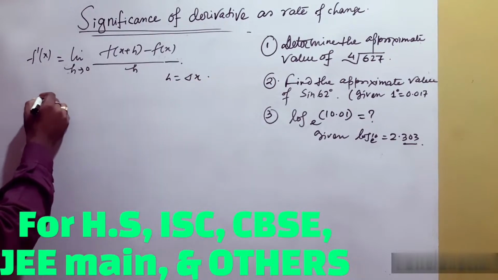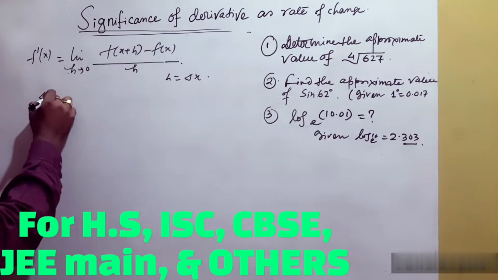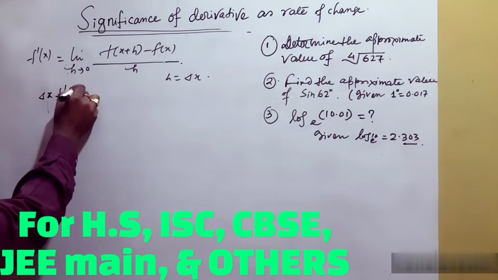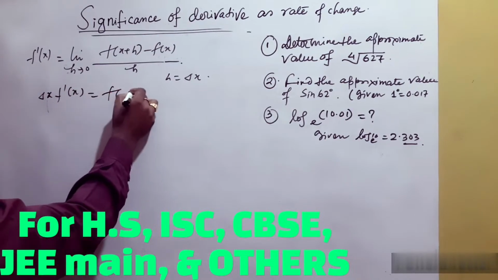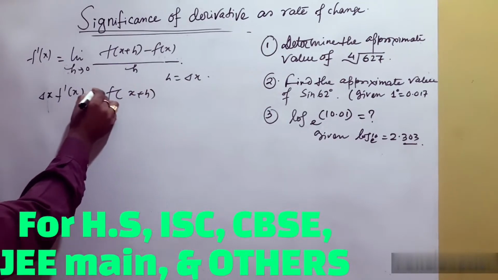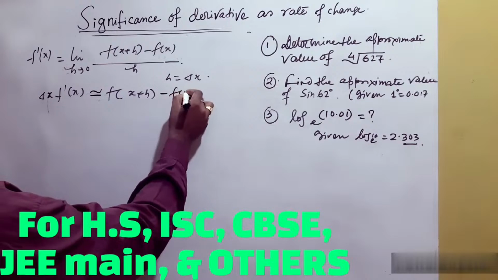So del x times f dash x is approximately f of x plus del x minus f of x, the nearest value.